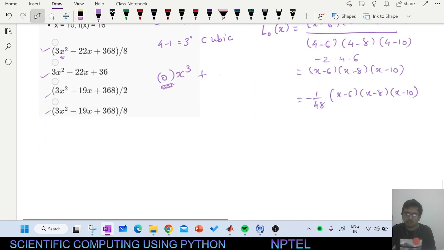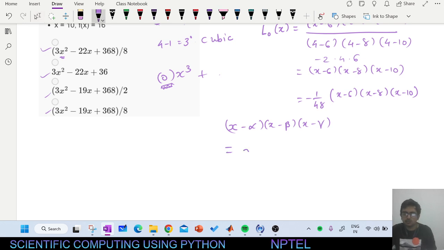And one thing that you should remember in such a question is that we have something like this, right? x minus alpha, x minus beta, x minus gamma. So this is going to be a cubic, right? So something x cube, and the coefficient of x cube will be 1, because you will be multiplying these three terms. That is the only combination that will give you x cube. Now for x square, you have to multiply two x's and one of these constants, right? So it could be x square times minus gamma, or you can multiply these two and use this one as the constant, so it would be minus beta.